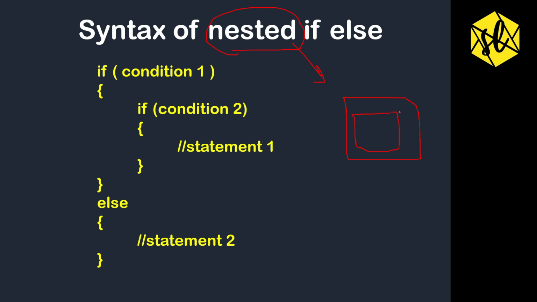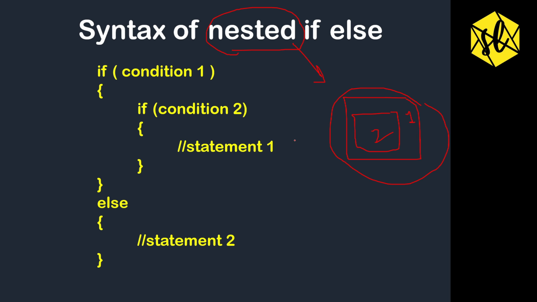Let's say this is box 1 and this is box 2, then box 2 is nested inside box 1. This is what nested is all about. Similarly, in if else, if a single if, or if else, or an if else ladder is inside another if or if else ladder, then it is called nested if else.